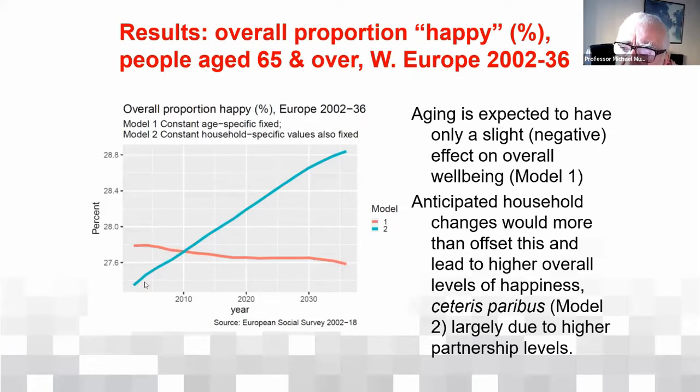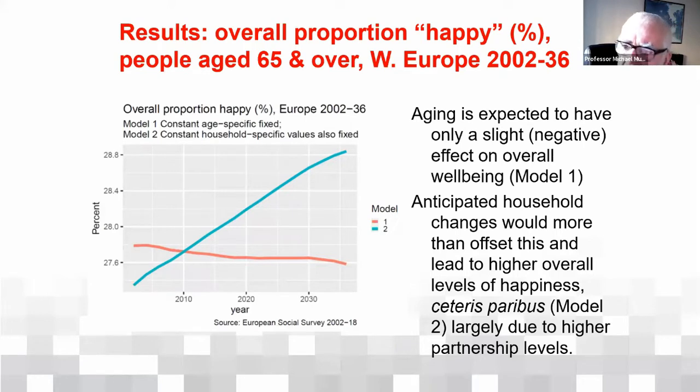However, if we allow for this change in the household structure, which we expect to see, there would actually be quite a substantial improvement in population level happiness because of the changing household structure. The reason for this is, as pointed out before, what we expect to see is an increase in the proportion of people who are partnered over time.